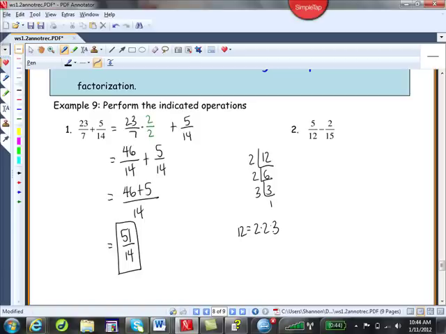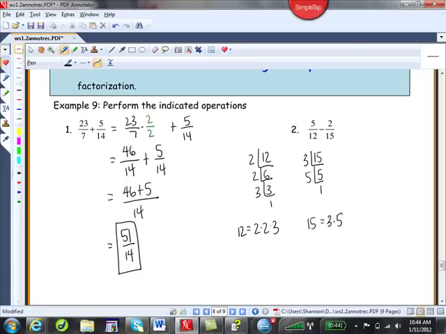Now 15. I know that 3 divides 15, so 3 times 5, and then 5 times 1. So 15 is equal to 3 times 5. So for the LCD, you have to include all of the factors that show up, and if they have factors that overlap, you just put the most times that it occurs.